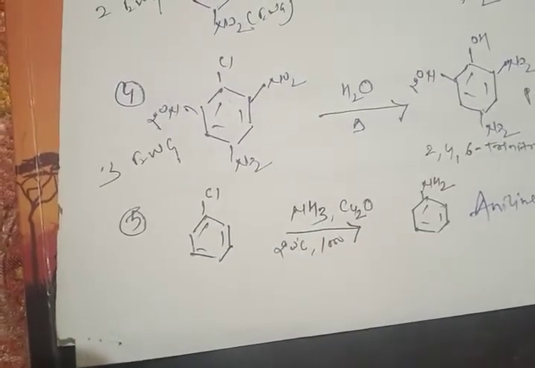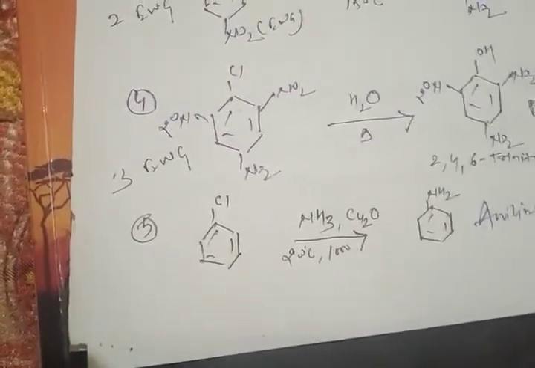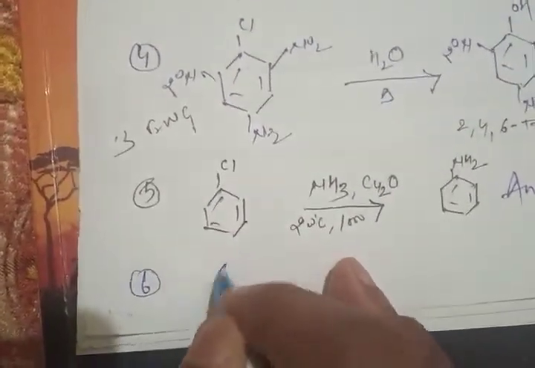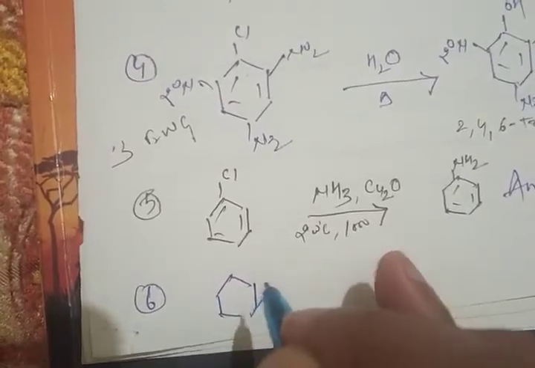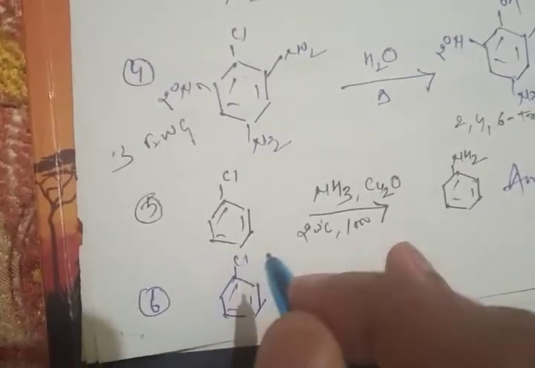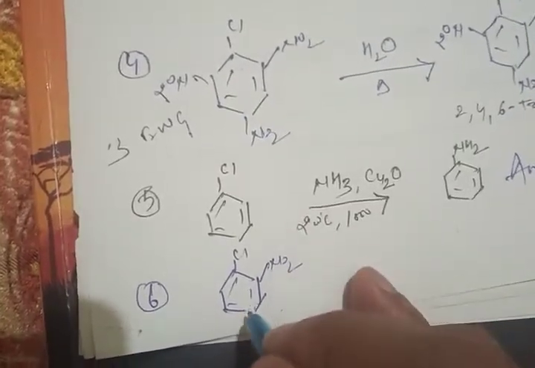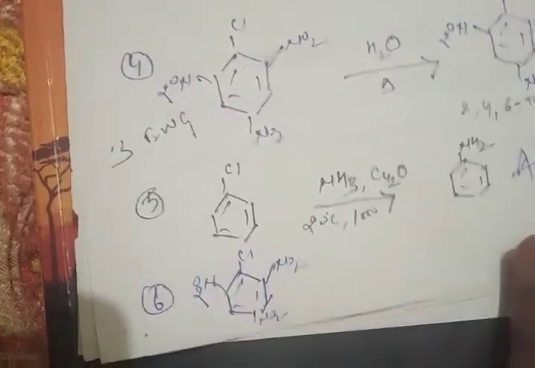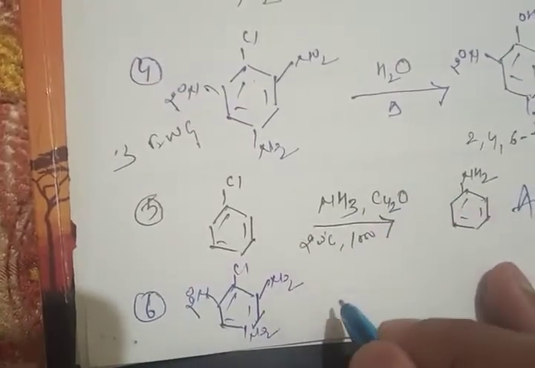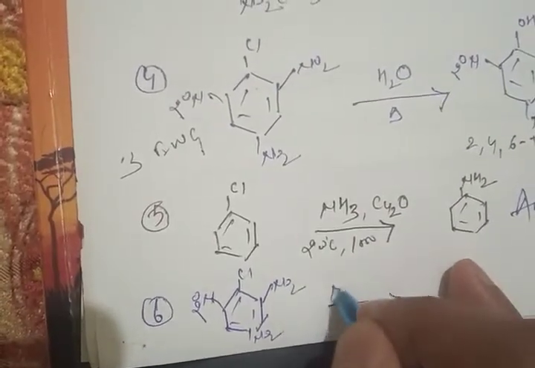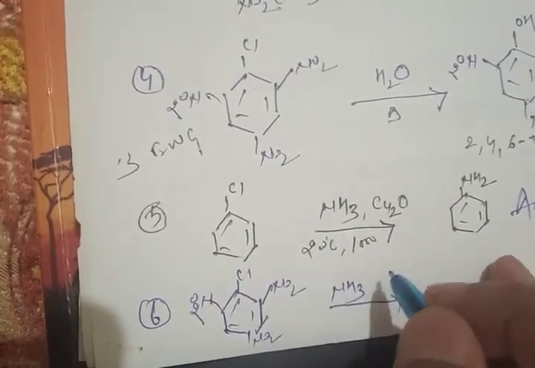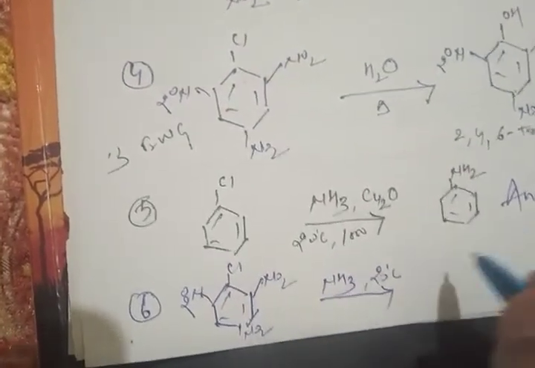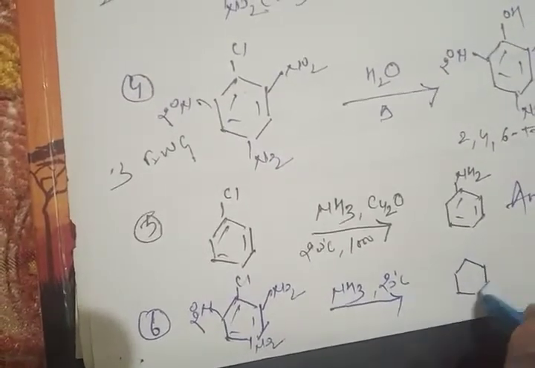But the same reaction will happen with different conditions. If we have a chlorobenzene containing three nitro groups, NO2, NO2 and NO2, with the same NH3, only 20 degrees Celsius, and you will get the desired product.